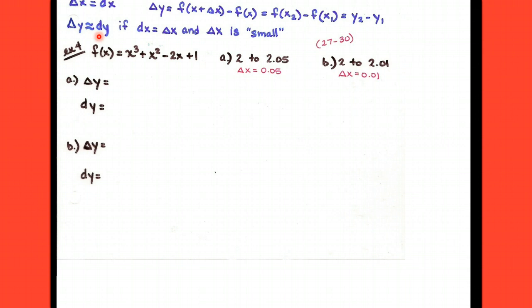And so they tell me here on page 209 that your change in y will be an approximation of your differential dy if two things are true. If dx is equal to the change in x, and if the change in x is small.